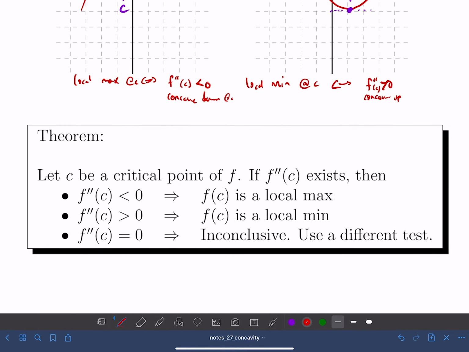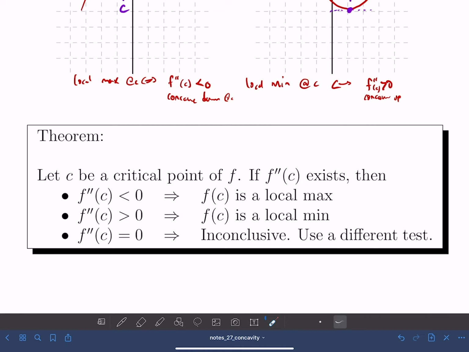All right, so this theorem essentially is the second derivative test, but not in a sequence of steps to do. I have that written in a flow chart. The theorem says, if I have a critical point, and if f double prime exists, then if f double prime is less than 0, it's concave down and we've got a local max.